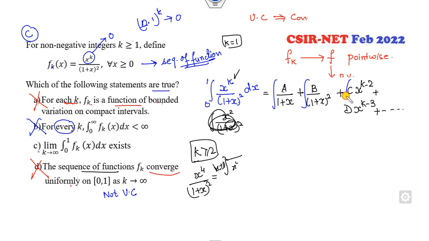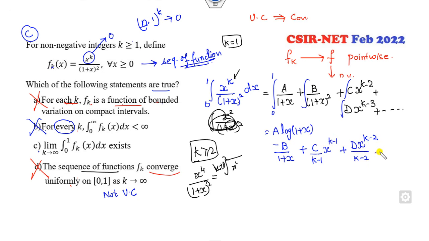You can integrate each term over 0 to 1. So a and b are real numbers: a over (1 plus x) minus b over (1 plus x). How do you integrate this? It is c over (k minus 1) plus d x to the power of minus 2 over (k minus 2) and so on, from 0 to 1.